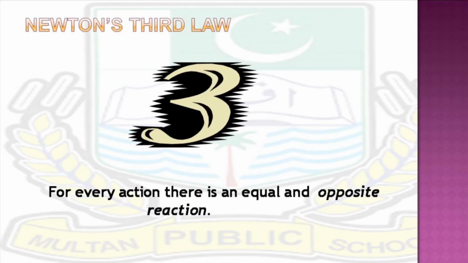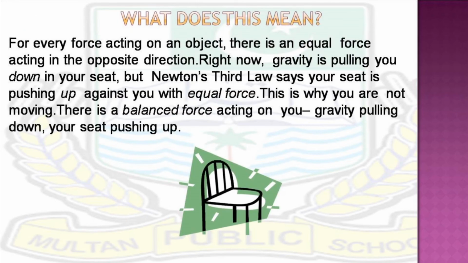Now lastly, Newton's third law. This states that for every action, there is an equal and opposite reaction. Now, what does this mean? Here is the explanation: for every force acting on an object, there is an equal force acting in the opposite direction.